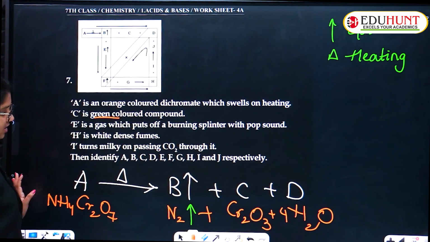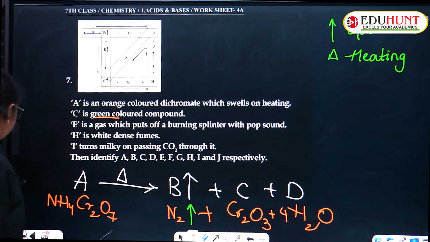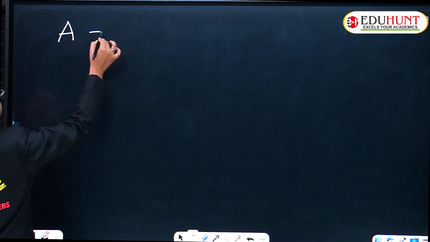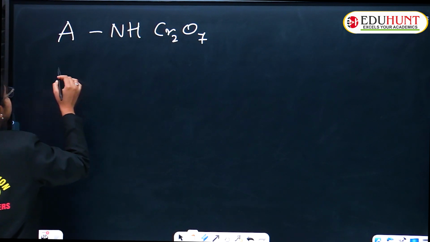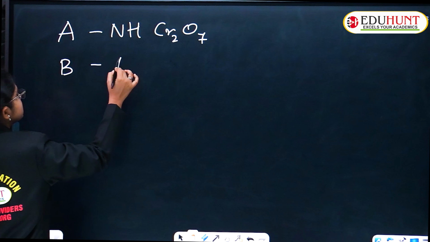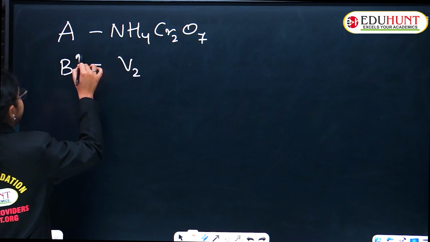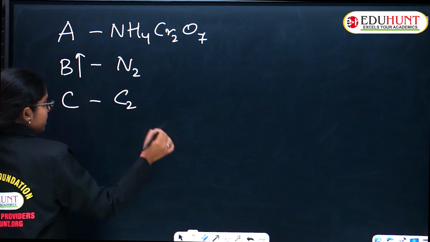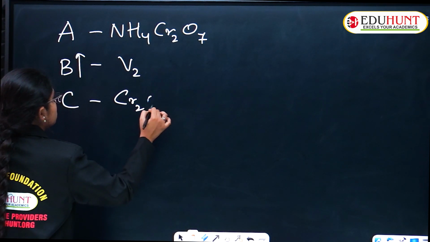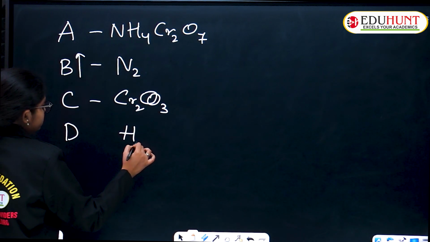From this equation we can say that the given A will be NH4Cr2O7. And what we got for B, children? B is nitrogen gas. I'll write here B, nitrogen gas. And C is Cr2O3, and D is H2O.